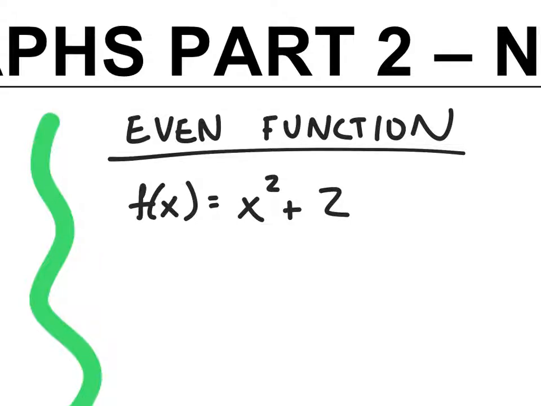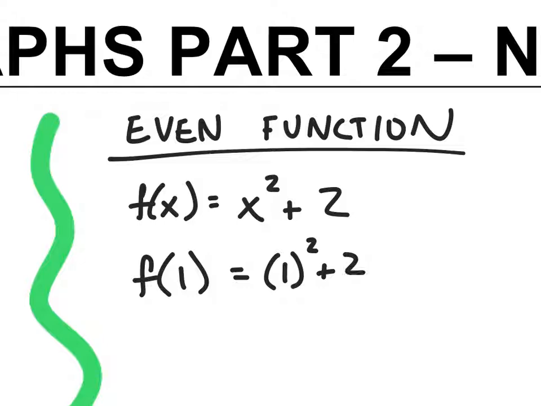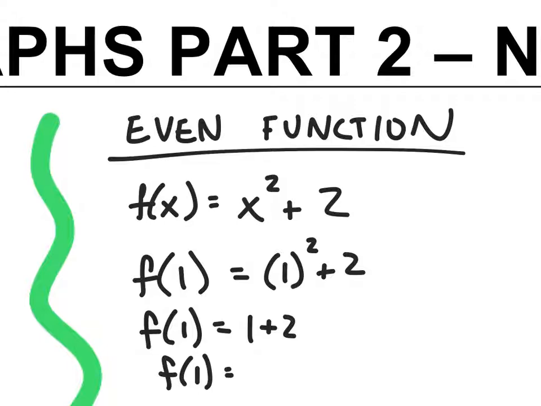Now, one way to do this is to say to yourself, all right, if I plug in, say, f of 1, let me plug that in and I get 1 squared plus 2. So f of 1 is going to give me 1 plus 2, so f of 1 is equal to 3.